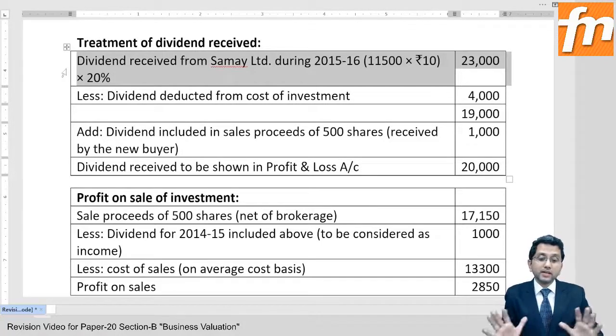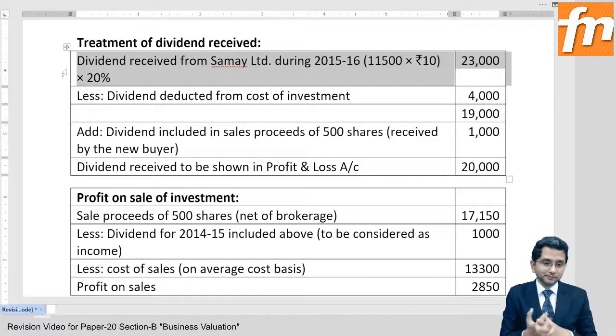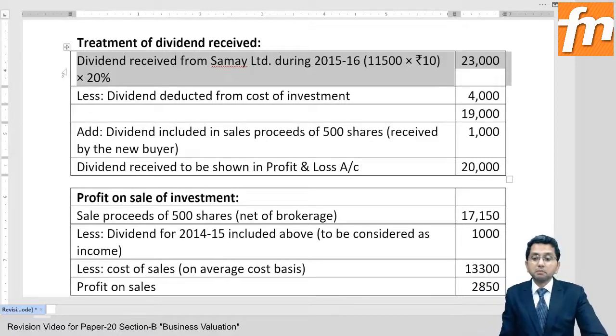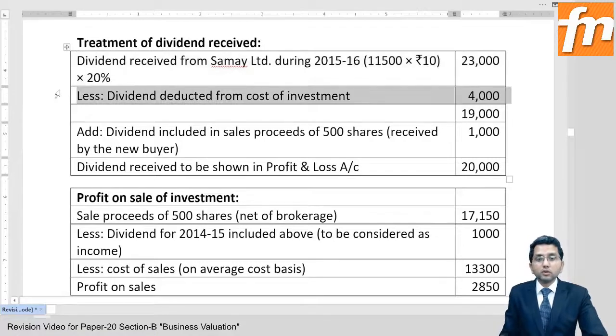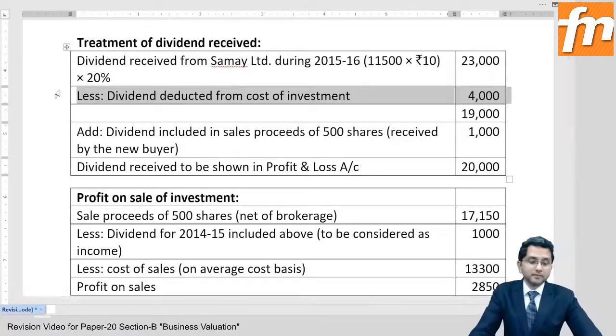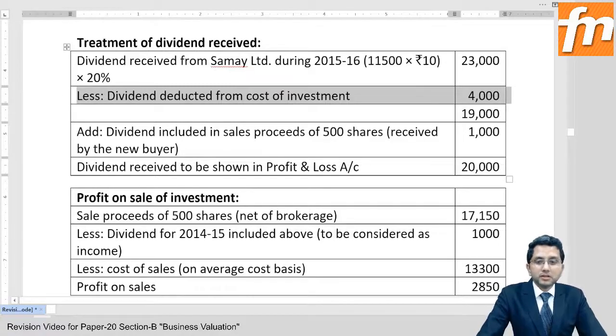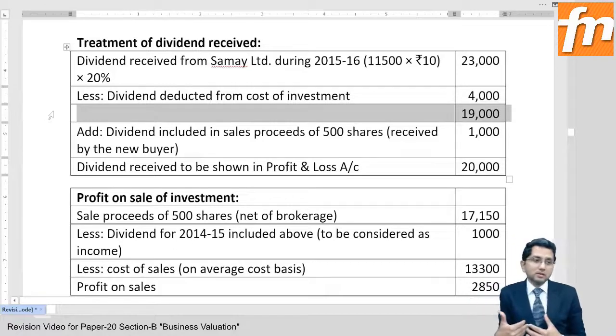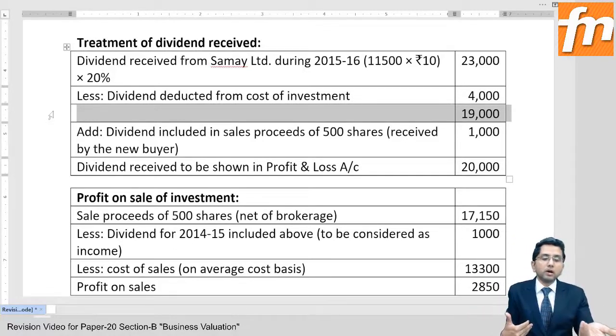But entire 23,000 is not your income. Out of this 4,000 you have already paid while buying the share. So that 4,000 is not your income, that is deducted from your cost of purchase. So your net dividend income is just 19,000.